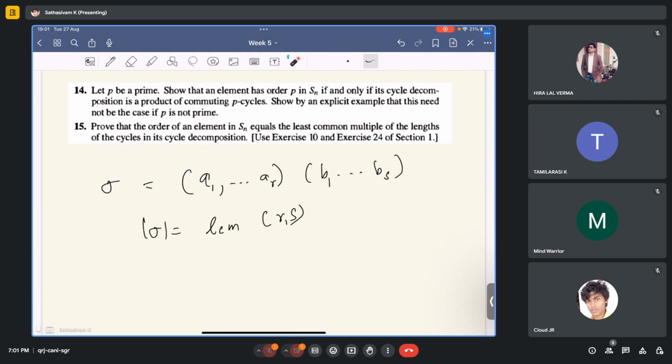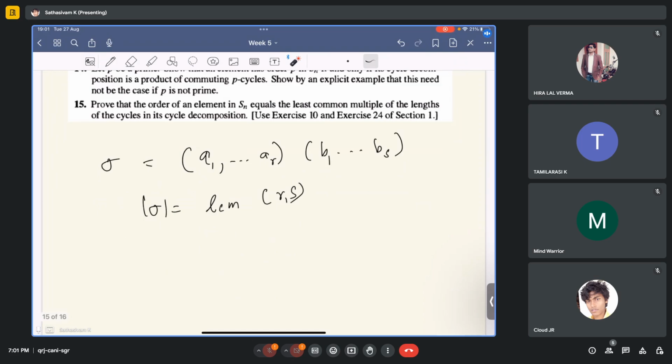So what it says is the following: the order of an element in Sn is equal to the least common multiple of the lengths of the cycles in its cyclic decomposition.